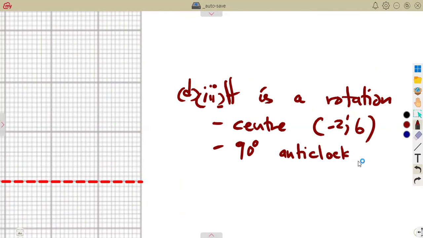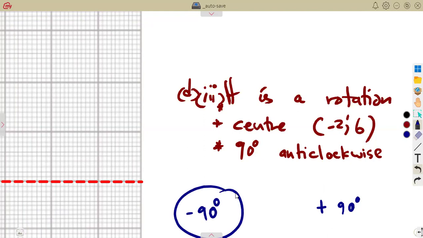How do you present 90 degrees anti-clockwise in short? That is plus 90 degrees like this. It means 90 degrees anti-clockwise. Minus 90 degrees like this means 90 degrees clockwise. A plus is anti-clockwise.